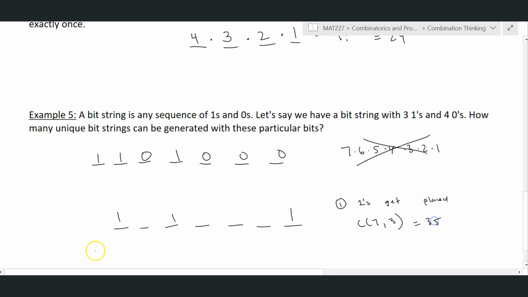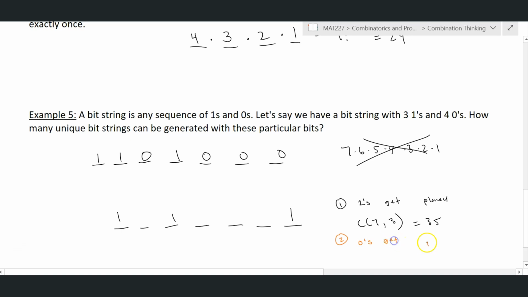So there are 35 ways to place down those 3 1s. They're all unique, believe it or not. You can try to count them all out if you want. But there are 35 ways. And no, we do not count the instance where we swap 1s because this is a combination, not an ordering. We don't want to count the rearrangements. So, okay, step 2. Now we would just need to say, well, now place your 0s.